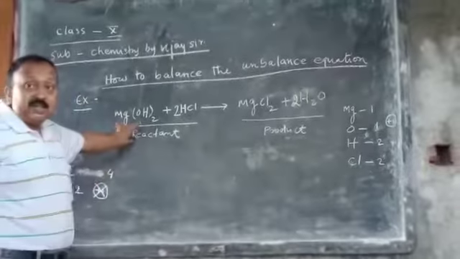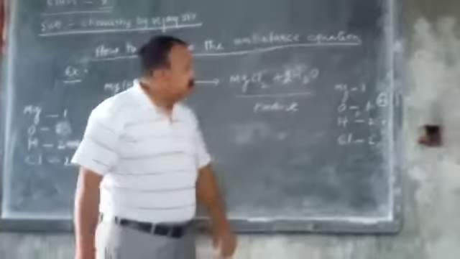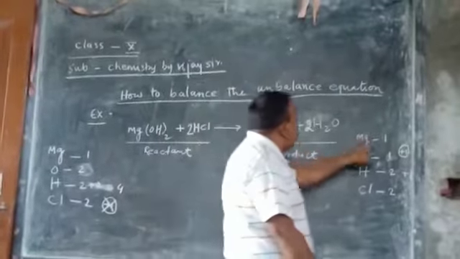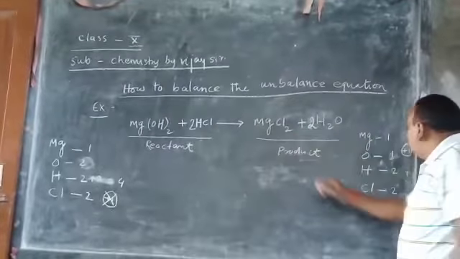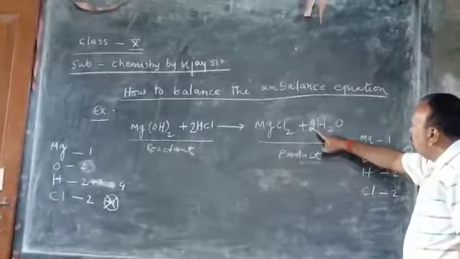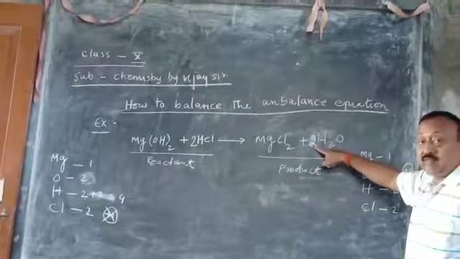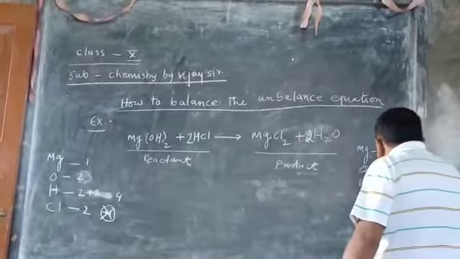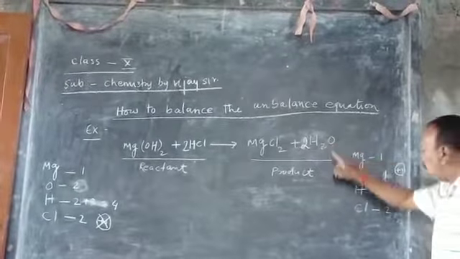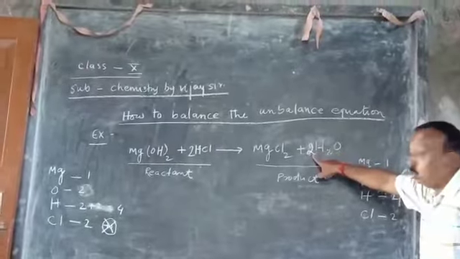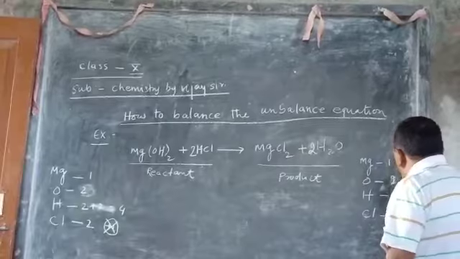That is the final stage of the reactant. Then see the product. The number of magnesium is equal to 1. The number of chlorine is equal to 2. The number of hydrogen is 2 times 2, which is 4. And the number of oxygen is 2, since 2O means 2 oxygen.